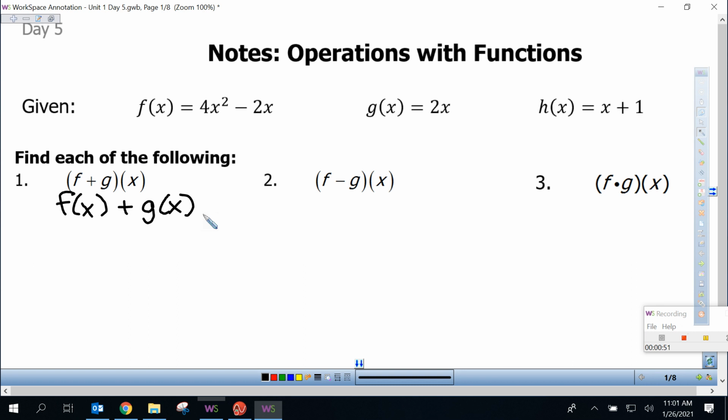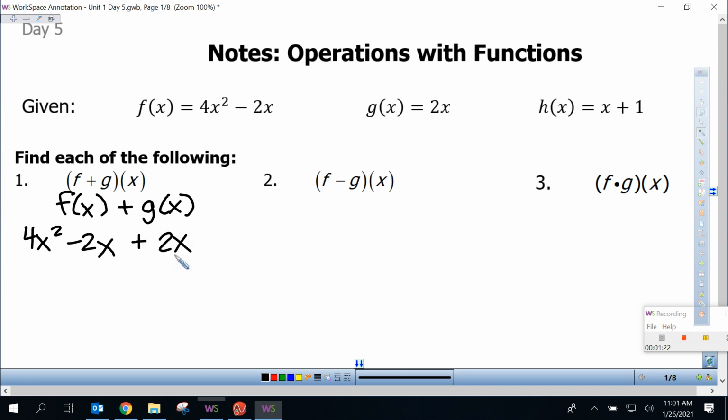So f of x is this equation, 4x squared minus 2x. Technically, this part is this expression. So this would be 4x squared minus 2x. Bring down the plus sign. And then g of x is the expression 2x.